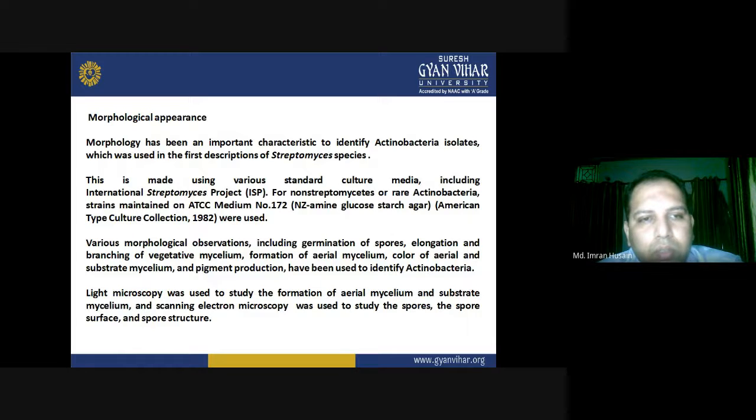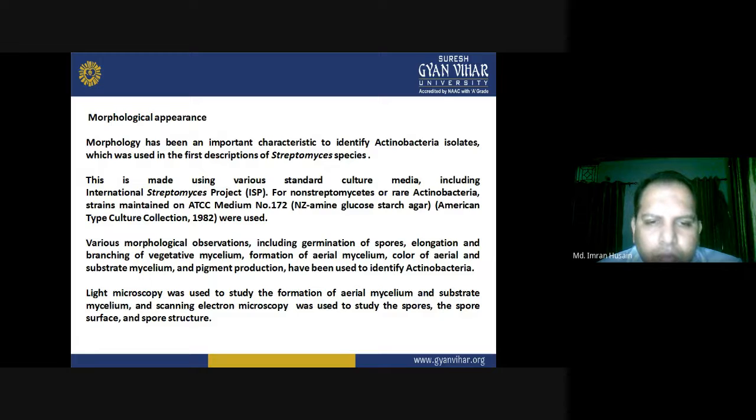So, morphological appearance. Morphology has been an important characteristic to identify actinobacteria isolates, which was used in first descriptions of Streptomyces species. This is made using various standard culture media, including International Streptomyces Project (ISP) media. For non-Streptomyces or rare actinobacteria, strains maintained on ATCC medium number 172 were used.